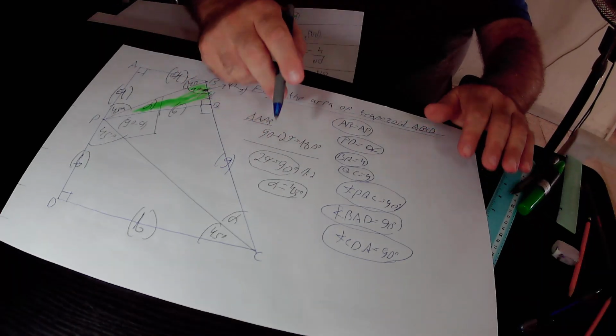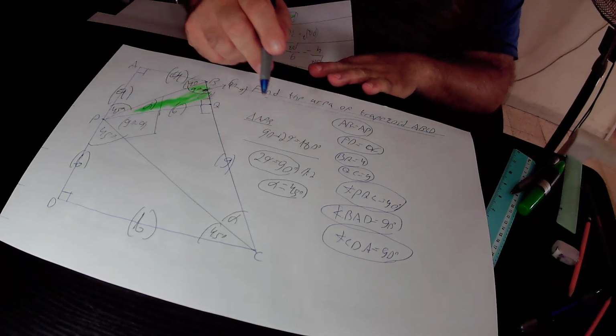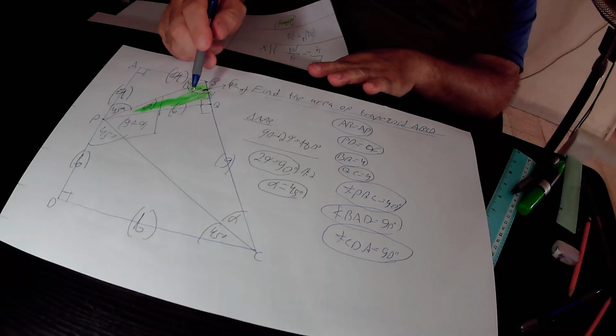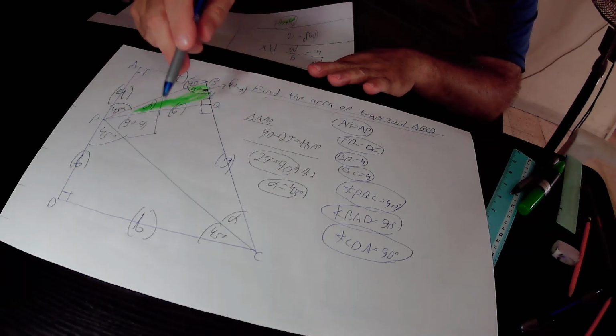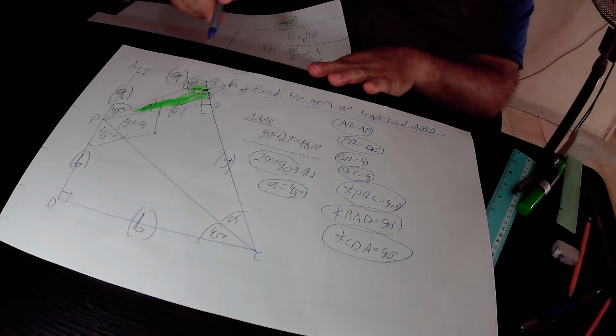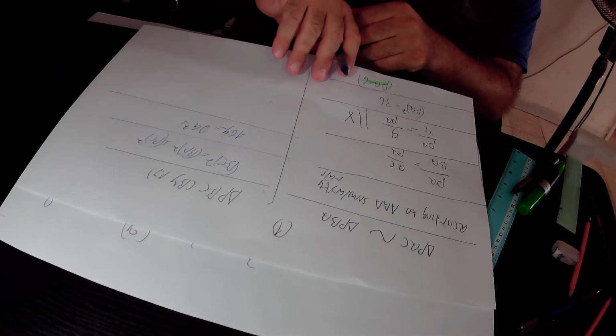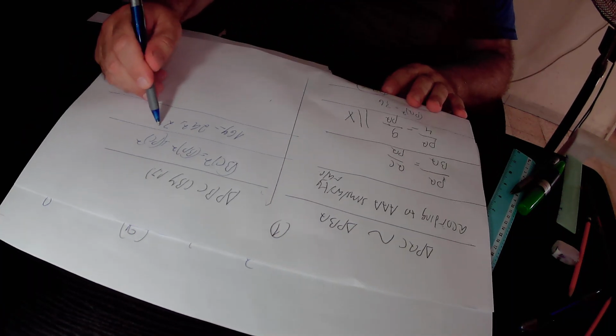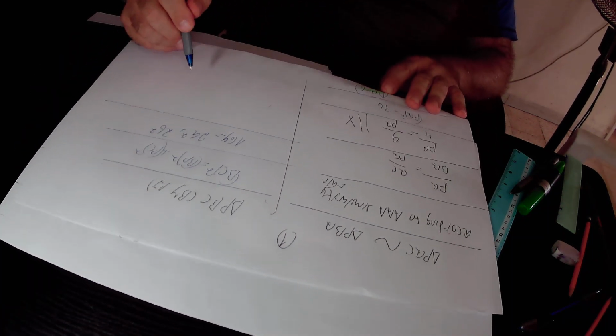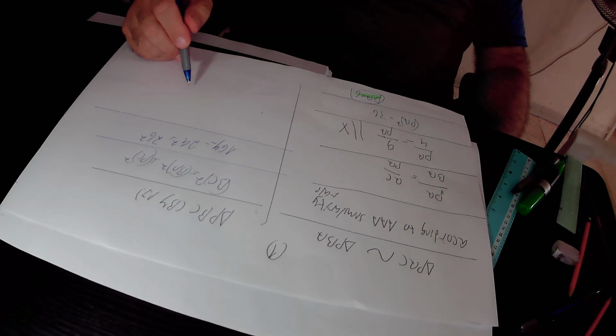PC is the hypotenuse of the right triangle PDC. Therefore, according to the Pythagoras theorem, B square plus B square equals PC square. B square plus B square is 2B square, so PC square equals 2B square. So in total, we found out that 169 equals 2A square plus 2B square.